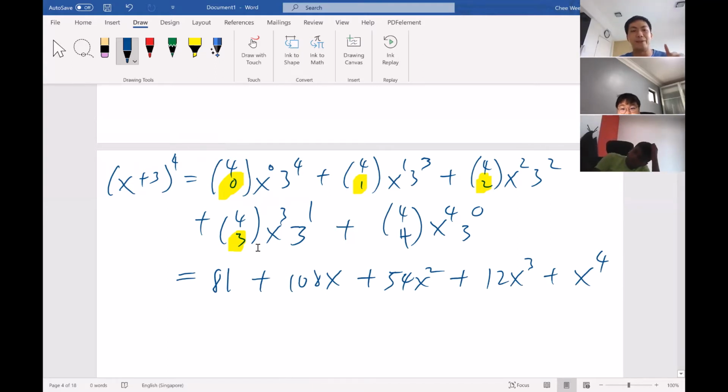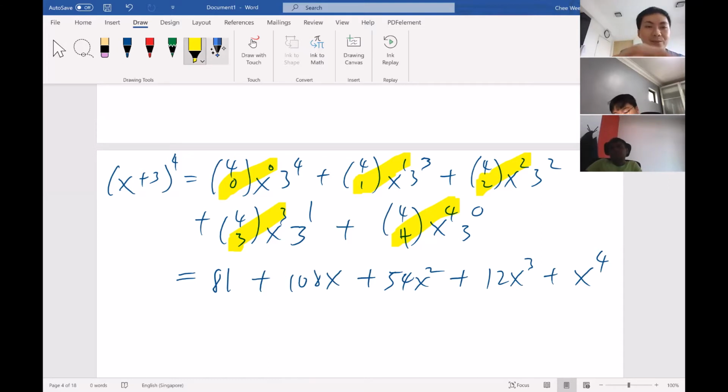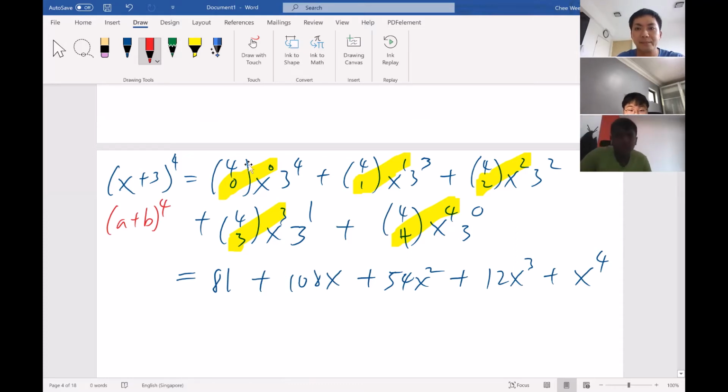This is if I had chosen to let the index element 0 follow the power of x, which is the way my formula sheet above indicated. That means I let my index element follow the power of a. So because this is like a plus b to the power of 4, okay? Can? Okay, all agree on this. So I don't think there is any carelessness in my simplification. Now, the key to mastering binomial theorem is the fact that the binomial theorem is actually symmetric.